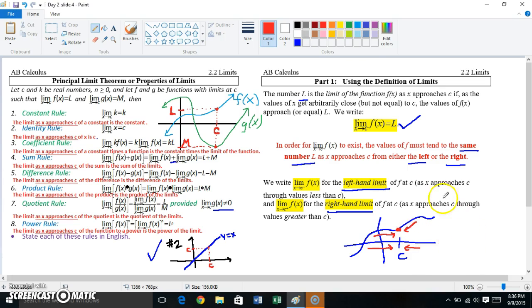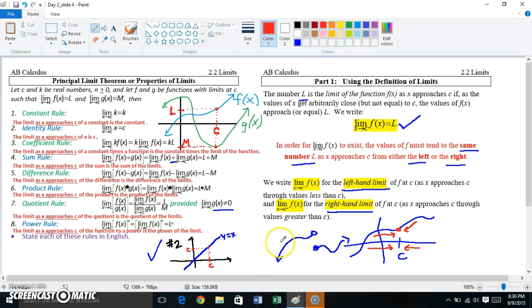Here would be an example where maybe it's not the same. So we might have a piecewise function that looks like this. So there's a jump in our graph.